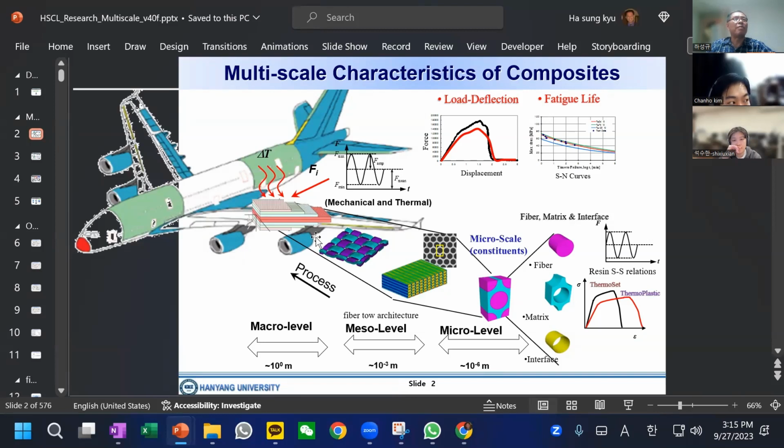And then we make the structures, as you can see, for example, the airplane. Now we have many different layups, different angles, and that is the main issue of the design.